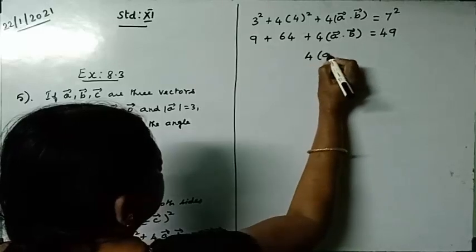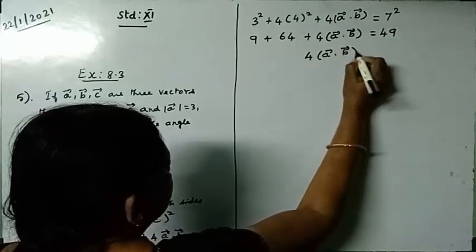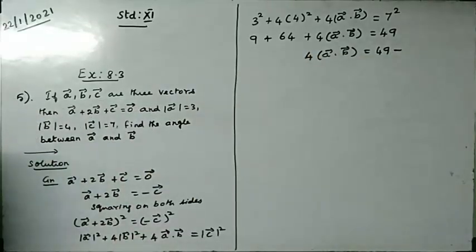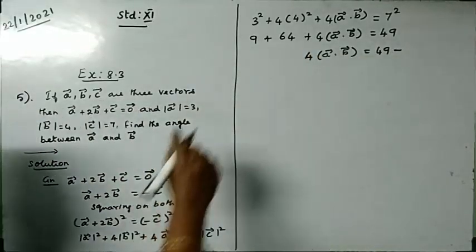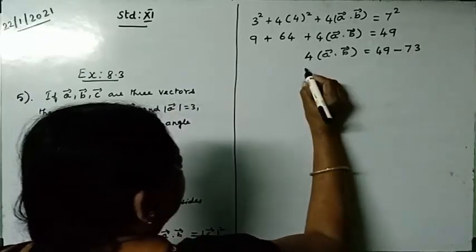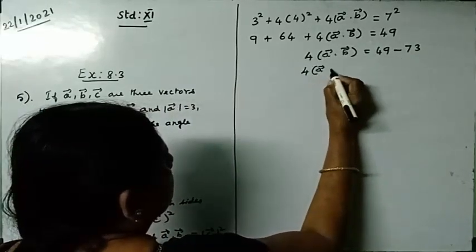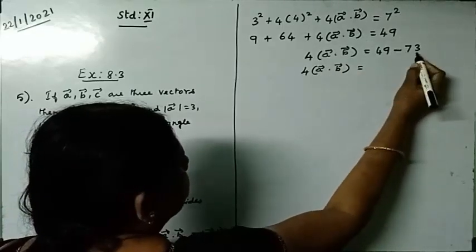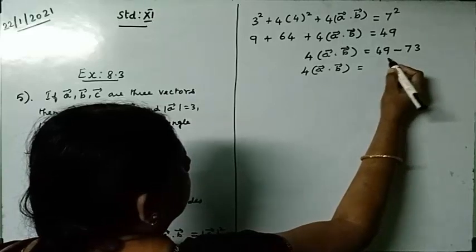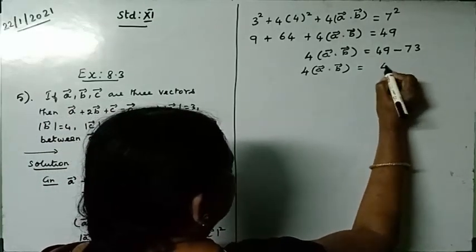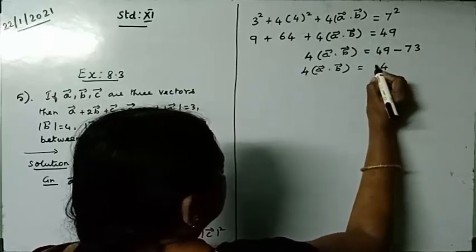Now 4 into A vector dot B vector is equal to 49 minus 64 plus 9, which is 73. If I bring this side, it is minus 73. So, subtract: 4 into A vector dot B vector is equal to 13 minus 4, 13 minus 9 is 4, 6 minus 4 is 2.